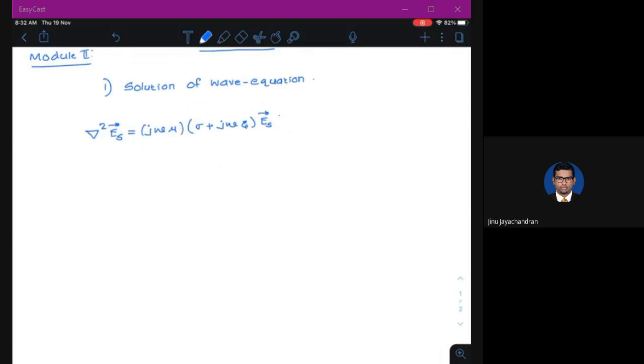So I can write this as del square Es minus gamma square Es is equal to 0, where gamma square is equal to j omega mu into sigma plus j omega epsilon, and this is called the propagation constant.